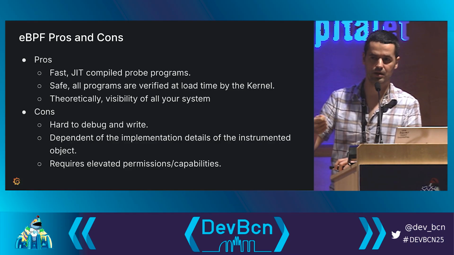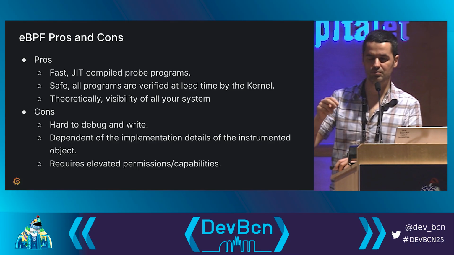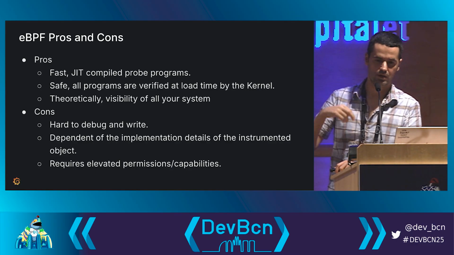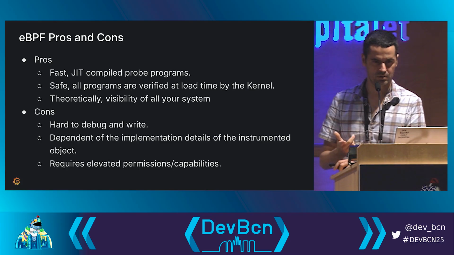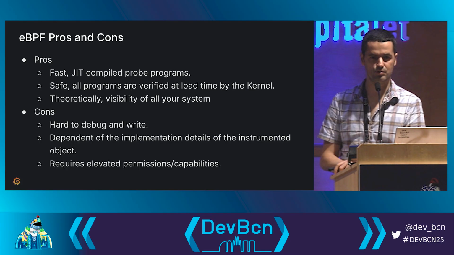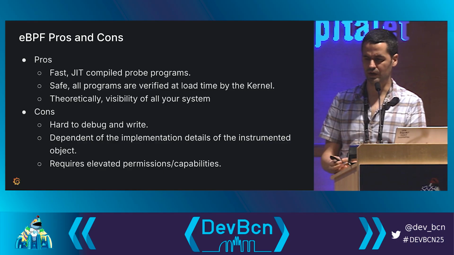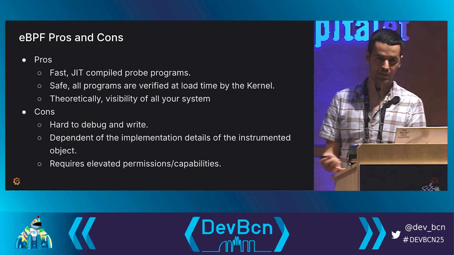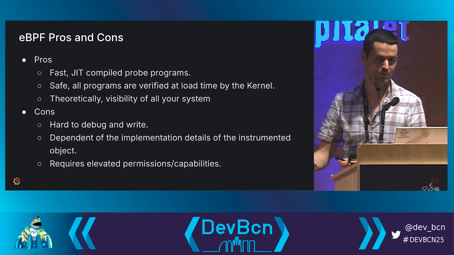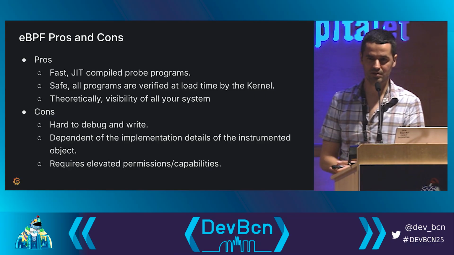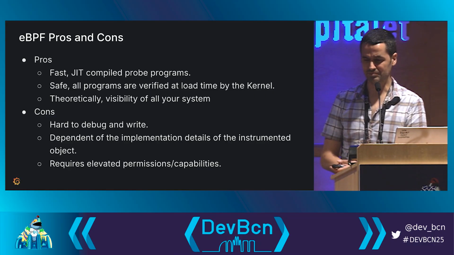If the verifier cannot guarantee that, for example, the program doesn't have dangling pointers or doesn't finish, it will fail and you won't be able to load your programs. And theoretically, it has visibility of all your system, but as we said before, you have visibility to a lot of bytes. You need to know what those bytes mean.